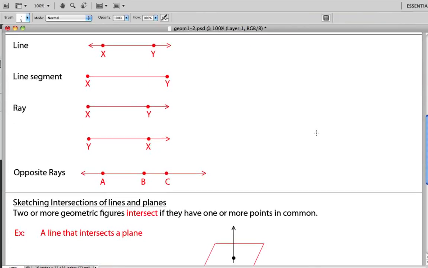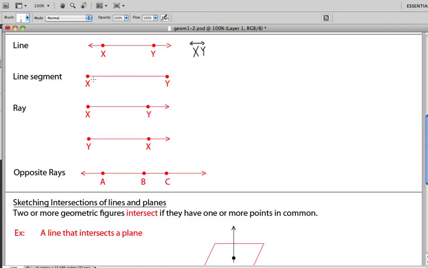Here we have line, line segment, and rays. Now we've already discussed line. The way that we would write line is you would use the two letters and put a symbol of a line with two arrows on each end. So for this, it would look exactly as it appears.